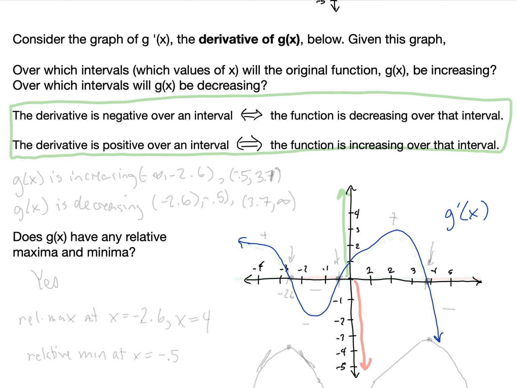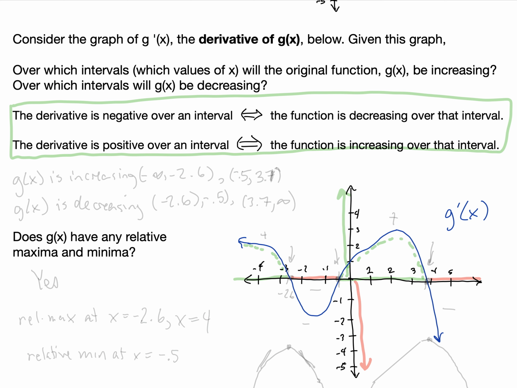So we see that the derivative is positive here. The derivative is above the x-axis, and it's also positive over this interval. The derivative is above the x-axis, and it's negative in almost the complement, except for those specific points where the derivative is 0.